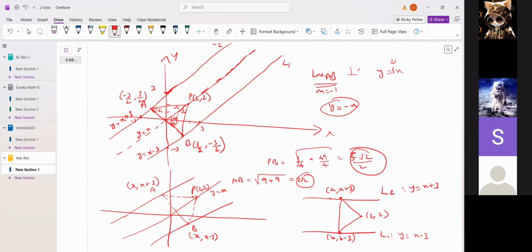All right. So then I know this line AB, due to symmetry, has to be perpendicular to line 1 and line 2. The reason is the point 2 comma 2 is exactly in between. What is the distance of 2 comma 2 from line y equal to x plus 3? Can you say?